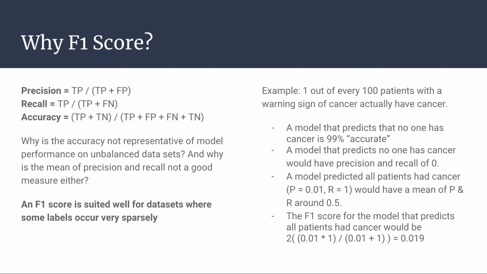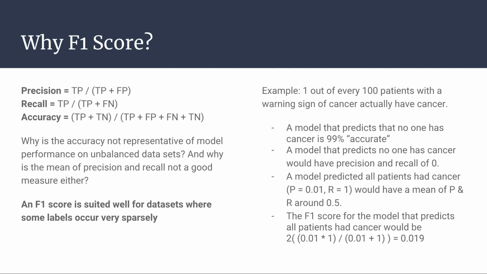So it made 99 false positives. The precision would be 0.01, and the recall would be 1, meaning the mean of precision and recall would be about 0.5, which would indicate this might be a good baseline model, when in fact it's very far from that.